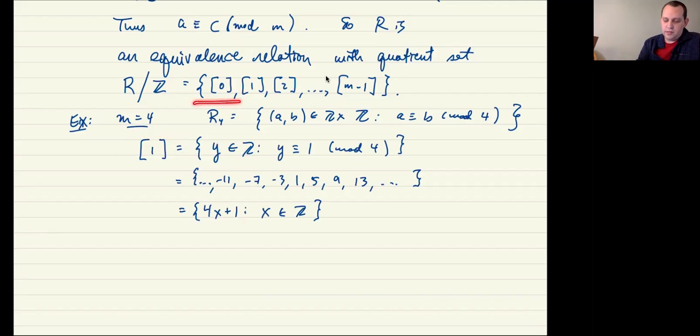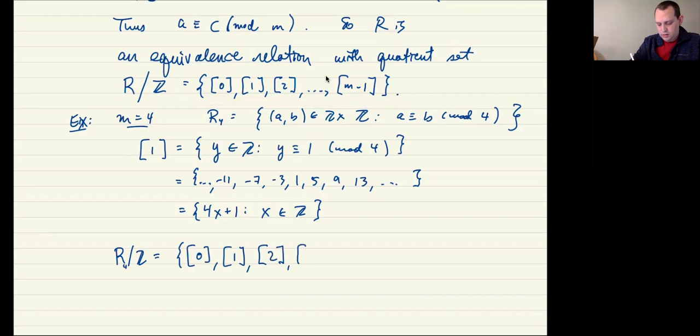In our case, the remainders that we're going to get are from 0 to m minus 1 because we're dividing by m. And so if we have m equals 4, then our quotient set for this relation mod the integers is going to be 0, 1, 2, 3.